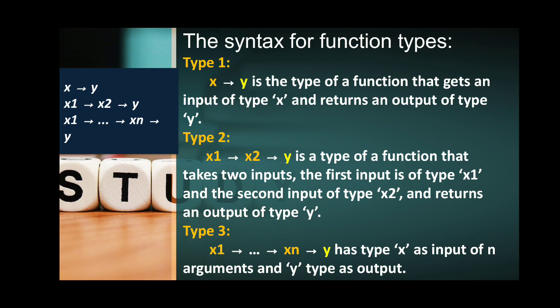Next, if the function takes n different types of inputs, x1 to xn, where x1 is one type of variable, x2 is one type of variable, and like that xn is one type of variable, it takes n different types of inputs and produces a single output of type Y. These are the types of functions.